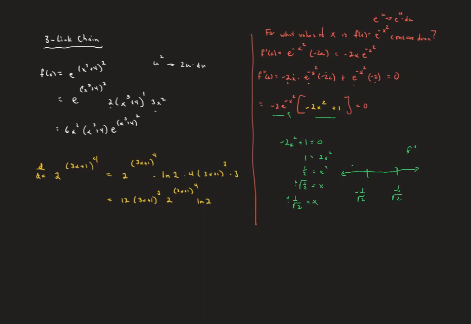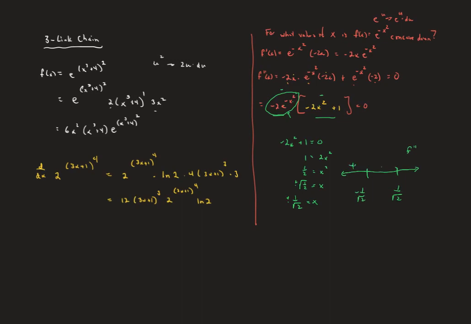Now back in the original, if we plug in negative 1, then e to the anything is a positive number times negative 2 is going to be negative. Negative 1 squared is positive 1. Positive 1 times negative 2 is negative 2. Negative 2 plus 1 is a negative, and a negative times a negative is positive.